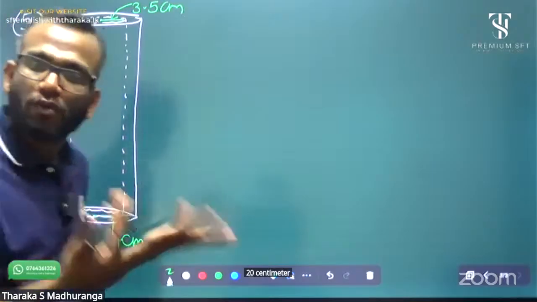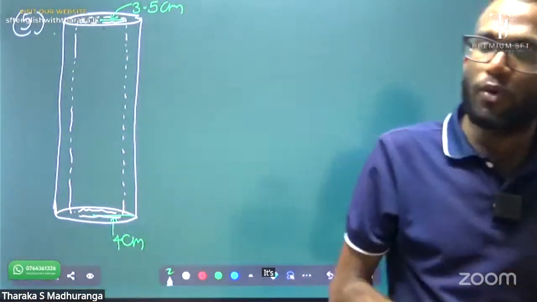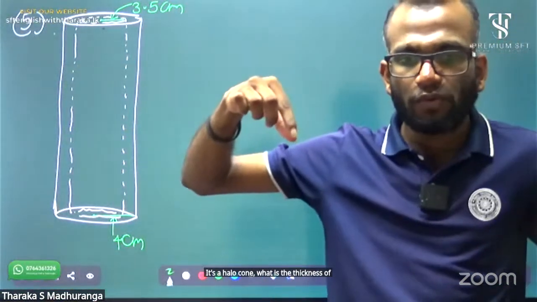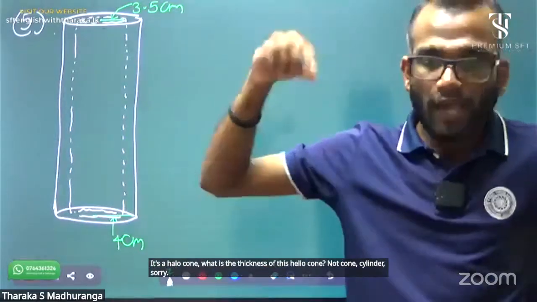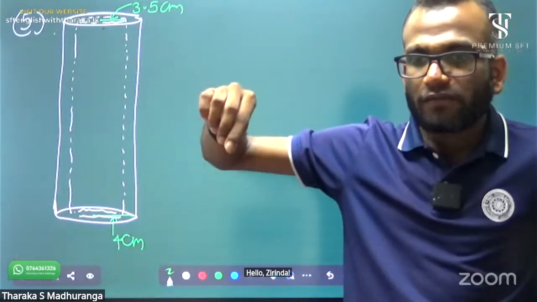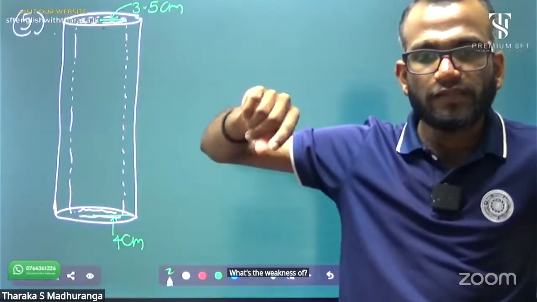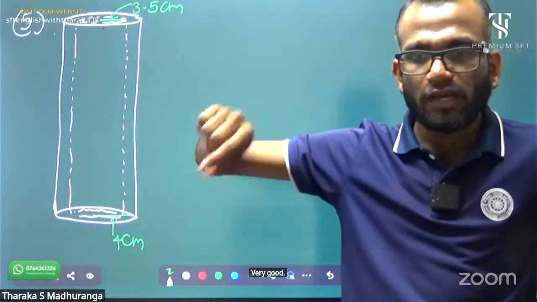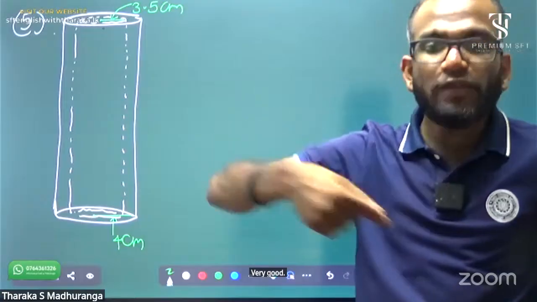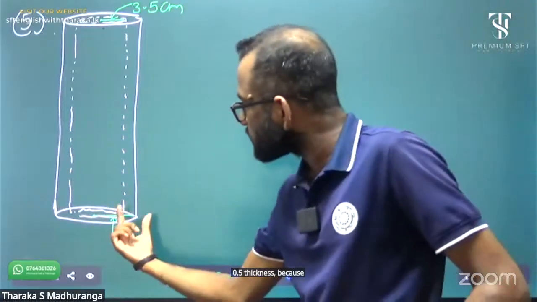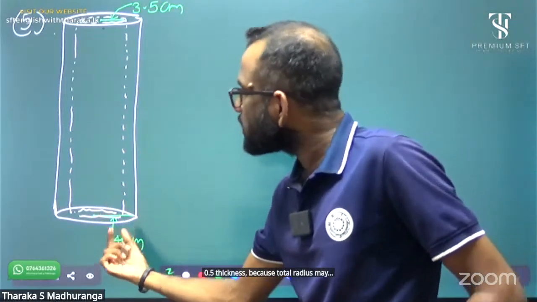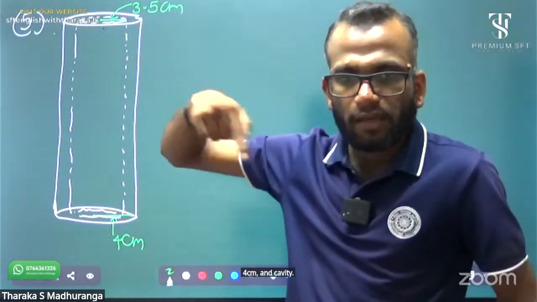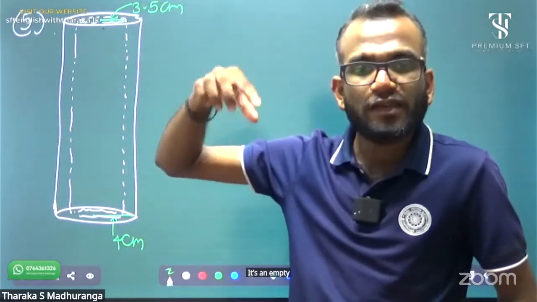That means it's a hollow cone, right? Not cone, cylinder, sorry. Hollow cylinder. What's the thickness? 0.5 thickness, because the total radius is 4 centimeter and the cavity's radius is 3.5.